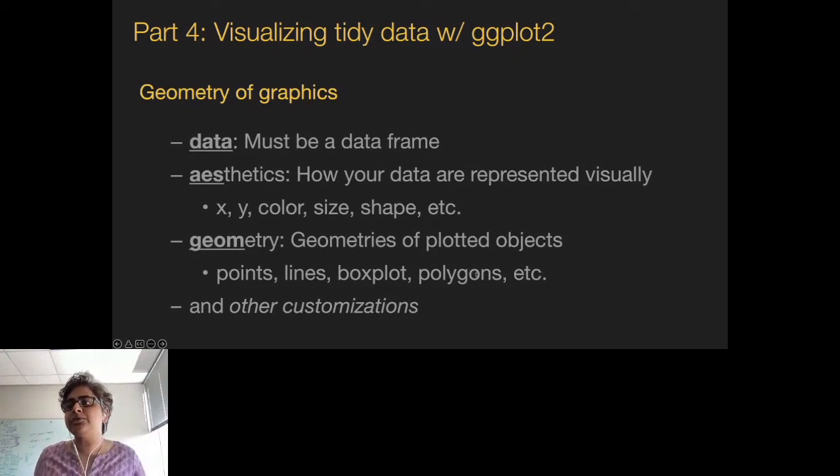So you've got to specify based on your data, whether it's categorical, continuous, numerical, or something else, whether it's time series, right? Based on your kind of data and what you're trying to learn from it, you will decide what is the best geometry to represent it and what are the other customizations that you're going to add.